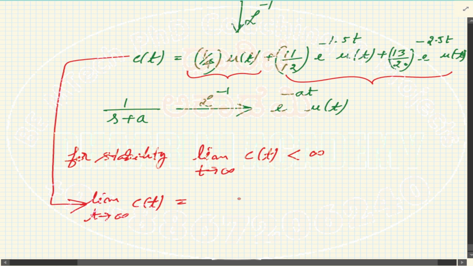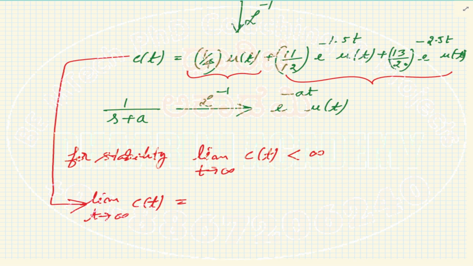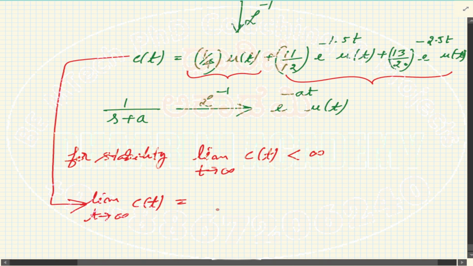So what happens to the first term? The steady state response, it's 1 by 4 into u of t. As t tends to infinity, what happens to this term? It remains same. U of t is 1 only, right? Irrespective of where you are finding. So this simply is 1 by 4.